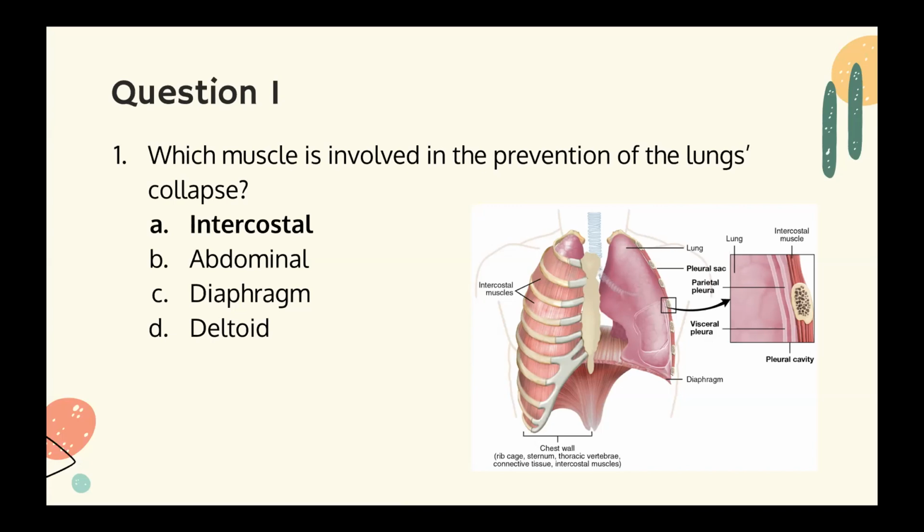And for those of you who probably thought the answer was C at first, I can see why you would think that. The diaphragm is located underneath the lungs, but its role is to help create a vacuum so that when you're inhaling, it can pull air into the lungs. It doesn't actually stop it from collapsing. Abdominal muscles also aren't really involved in breathing or preventing lung collapse, and the deltoid is not really near the lungs.